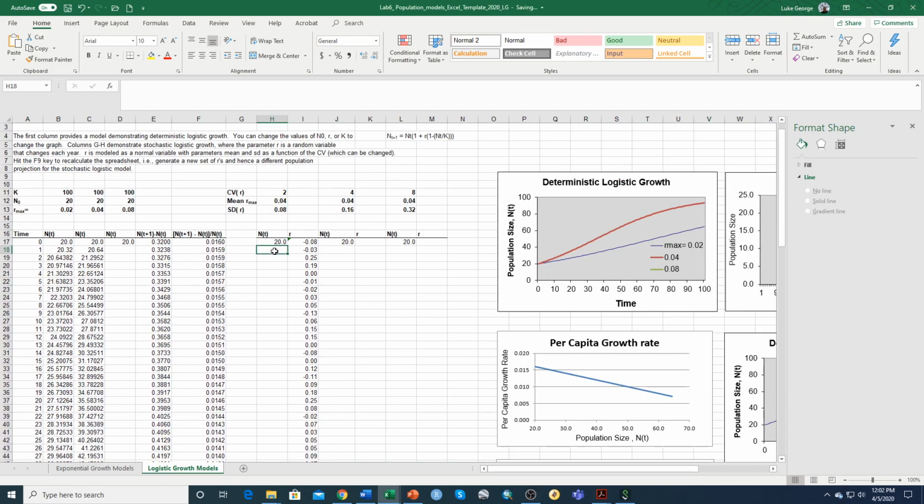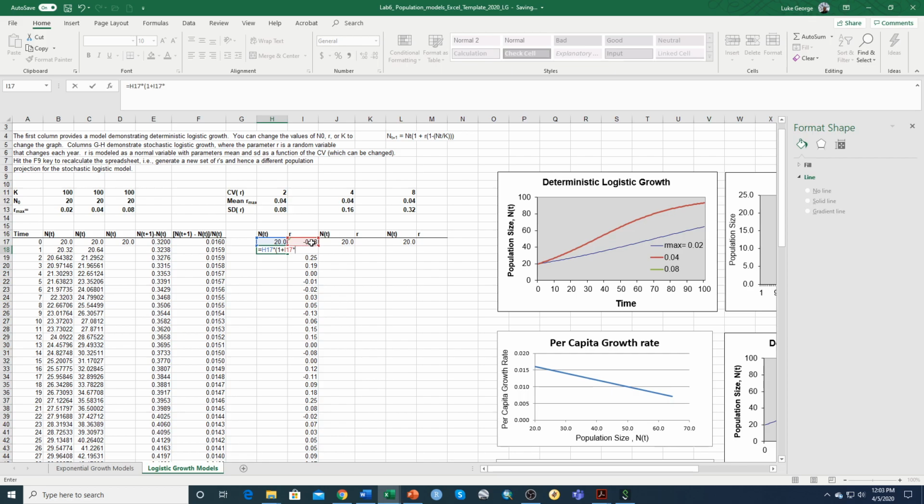So now we have to put our equation for the logistic growth equation in here. The first thing we do is refer to population size at our previous time step, multiply that times 1 plus, and now we refer to our value of little r that we've calculated, the random values, not the fixed value.